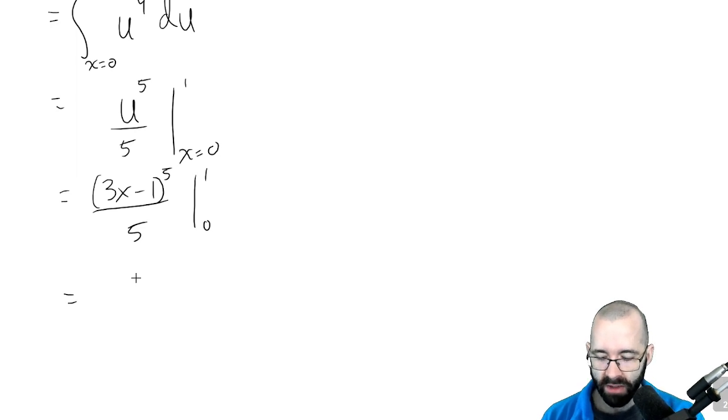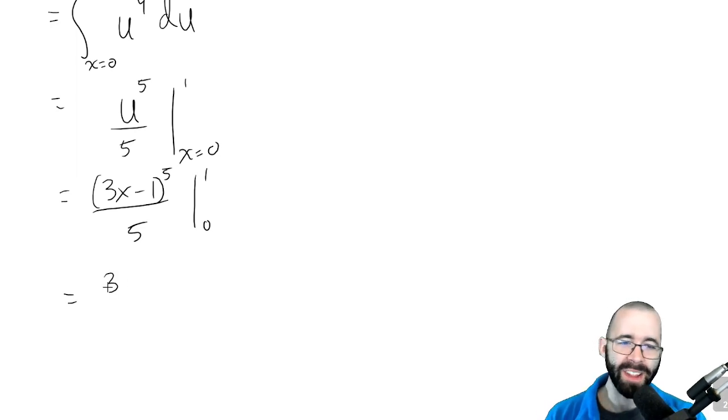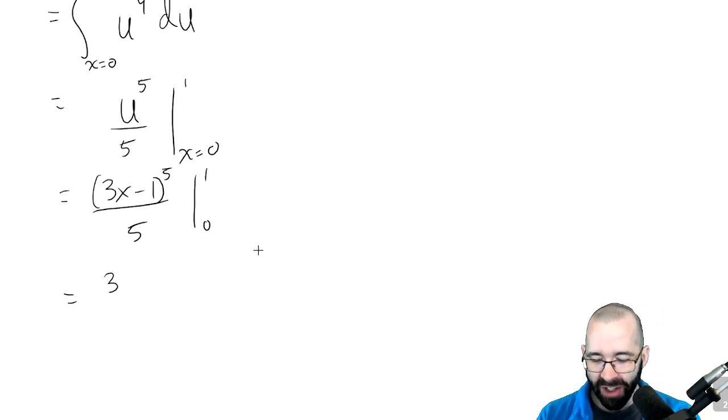Plug in 1. Oh gosh, I hate this method. I was trying so hard to show you the two options and let you choose, but I'm showing a lot of bias here. We get (3 times 1 minus 1)^5 divided by 5, minus (-1)^5 divided by 5. We plug in 1, and we plug in 0.